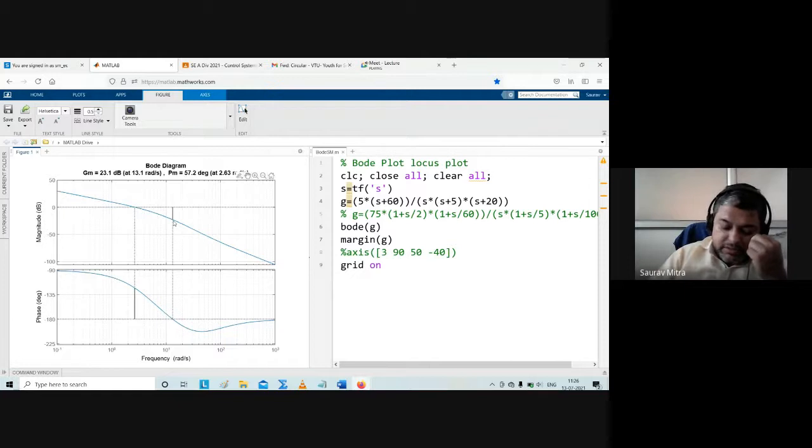So 10 raised to 1.155 gives 14.28. So we can increase the gain until it becomes 14.28. That means x into 60 divided by 5 into 20 is equal to 14.28.